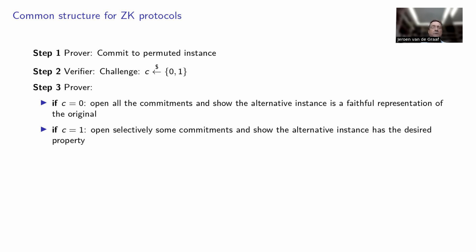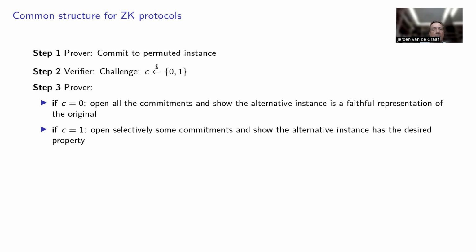And so we've seen a kind of common structure for these protocols, at least the protocols that use bit commitment. But also, if you think about the discrete log protocol, you can think of the gamma that was sent in that protocol as a permuted instance, and then there's a challenge, and in the zero case, you're going to show that things were done honestly.